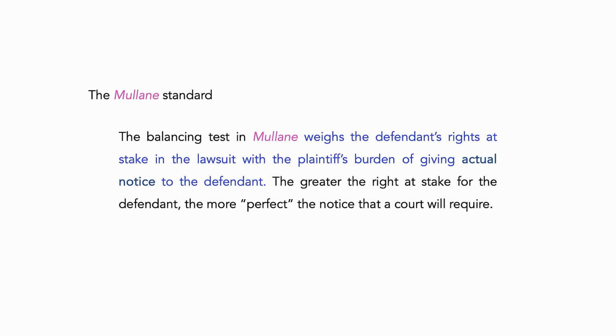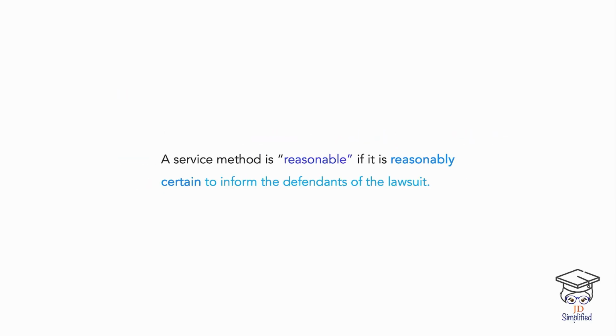The balancing test in Mullane weighs the defendant's rights at stake in the lawsuit with the plaintiff's burden of giving actual notice to the defendant. The greater the risk at stake for a defendant, the more perfect the notice that a court will require. So a service method is reasonable if it is reasonably certain to inform the defendants of the lawsuit.